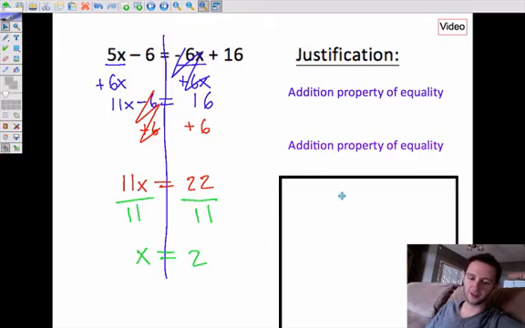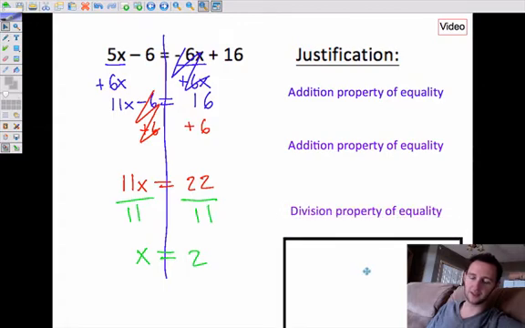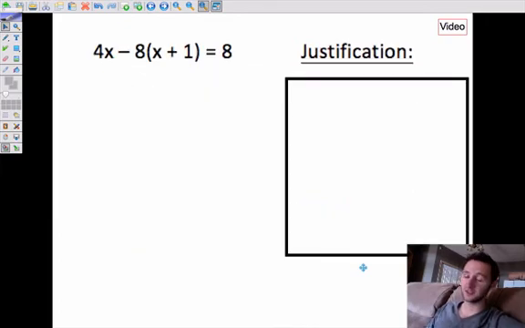And the equation is solved, and the reason that I could do that, divide by 11 on both sides, is the division property of equality. Okay? So again, just steps that you probably have at least seen or know how to do, but just putting a little bit more formal justification to it.